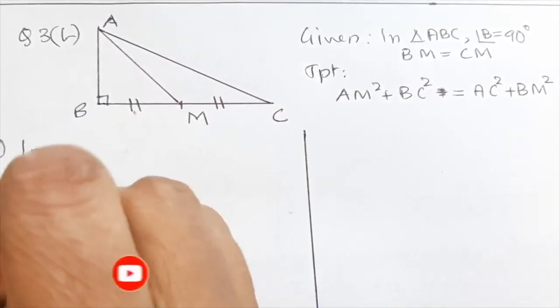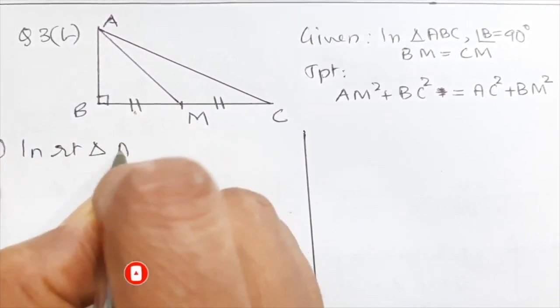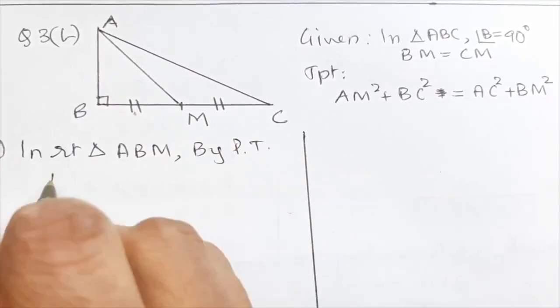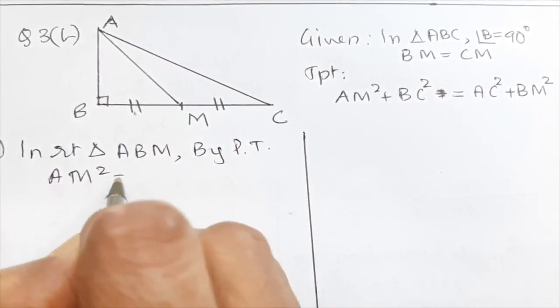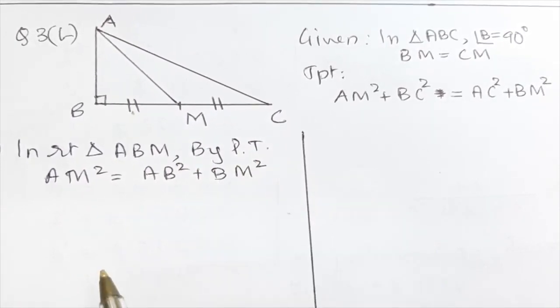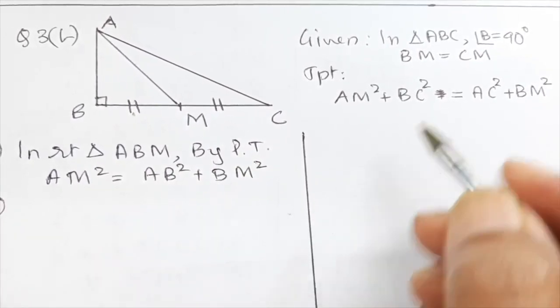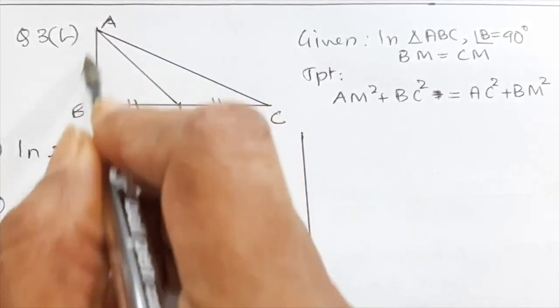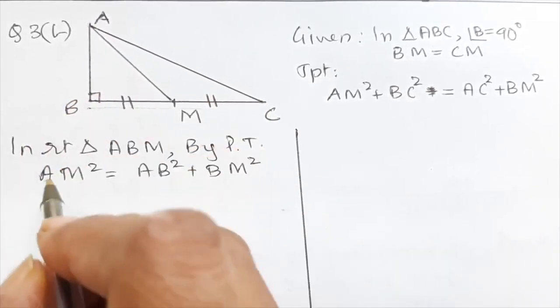So we will say in right triangle ABM, by Pythagoras theorem, we will have AM square is equal to AB square plus BM square. Statement number 2. They want BC, the square of it. BC is the part of this big triangle and that's also a right triangle.